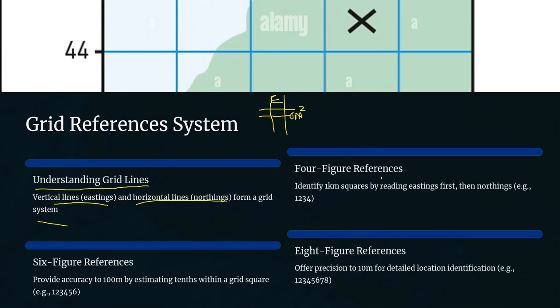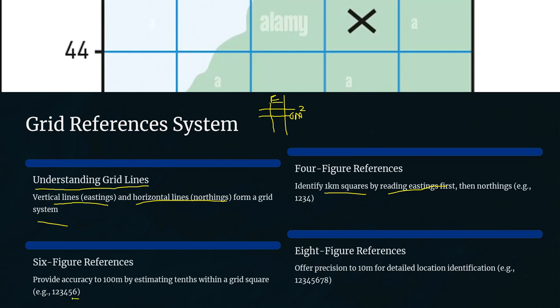And the 4 figure references identify a 1 kilometer square, reading the easting first and then the northing, right? So there is a box kind of thing, the 4 figure. And the 6 figure references provide accuracy of 100 meter by estimating the tenths within the grid square.